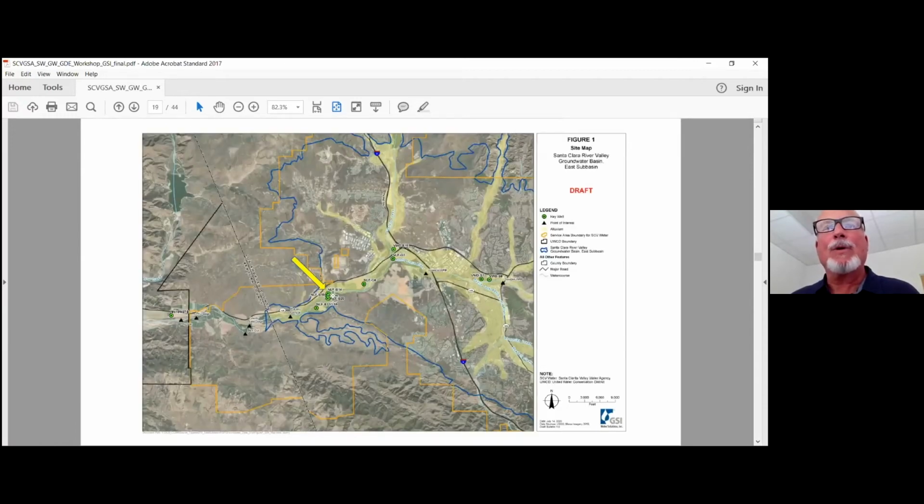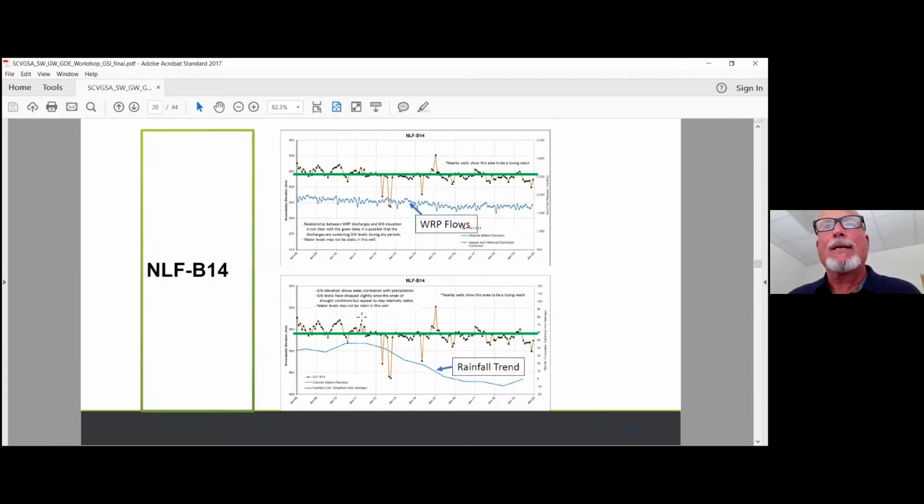Moving on downstream to well NLF B14 down in this area. Now it's a very different pattern. You can see the water levels in that well are tracking fairly well with the channel bottom. In fact, very close. It looks to us like the river is gaining in this area.